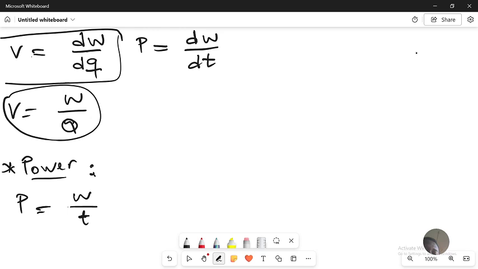Now I want to see the relationship between the power, voltage, and current.